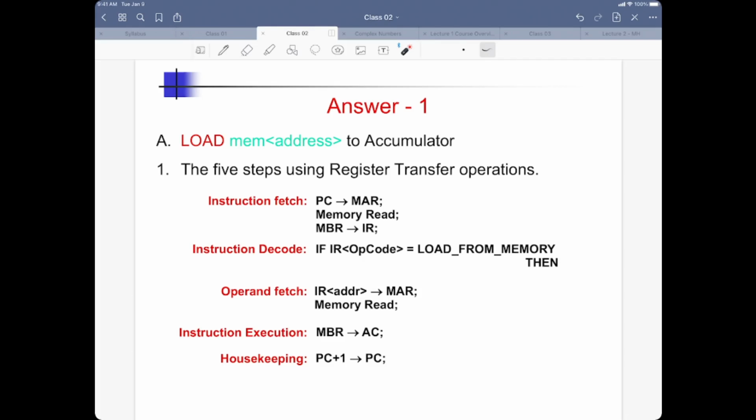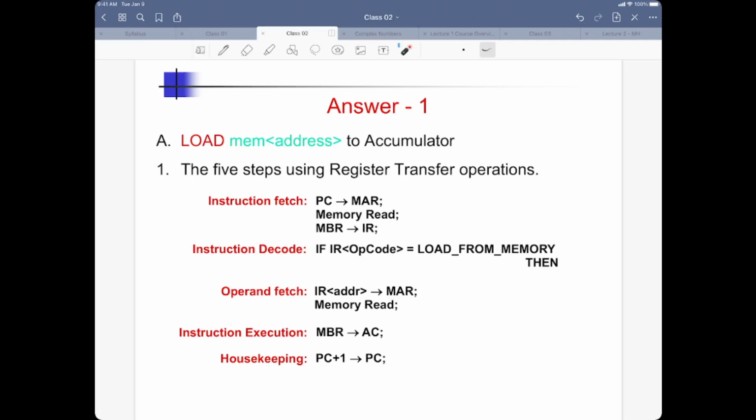Can you tell me a few things that might change if you had to do a store, which is sort of the reverse process of this? You would reverse what you're doing instead of fetching.